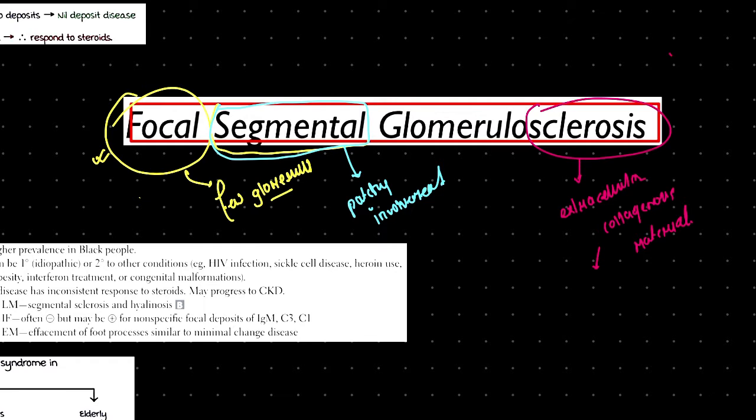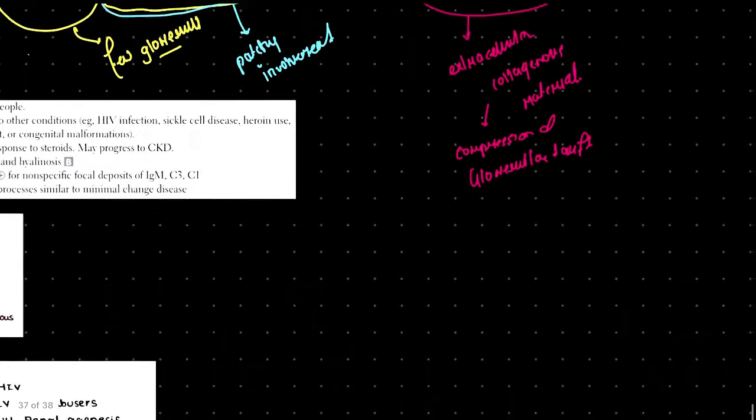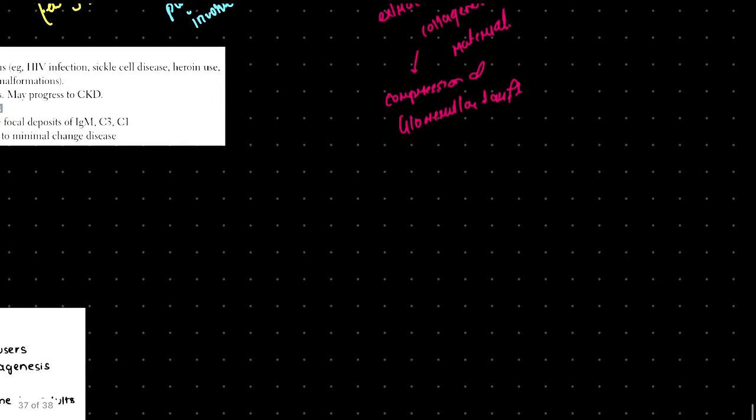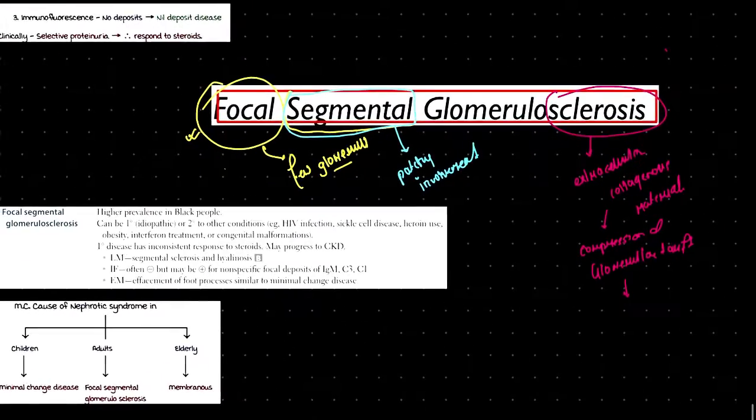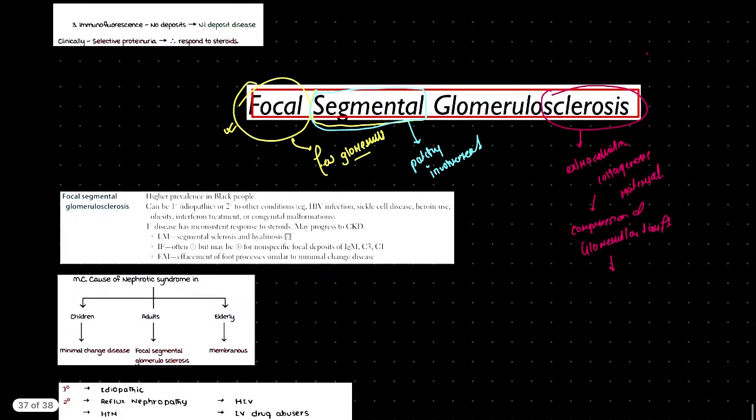It will cause compression of the glomerular tuft. As there will be compression of the glomerular tuft, there will be a reduction in the function of our glomeruli, and that is what we call glomerulosclerosis.